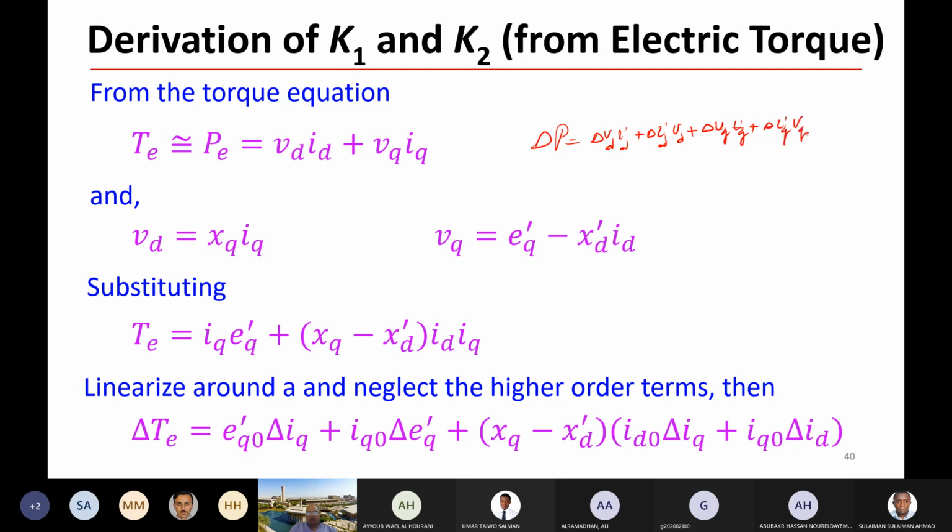So you replace delta ID, real ID 0, this is VD 0, in terms of the initial operating conditions. So these values are known, IQ 0 and VQ 0. All these are the values that we get from the initial condition. So this is the delta VE.